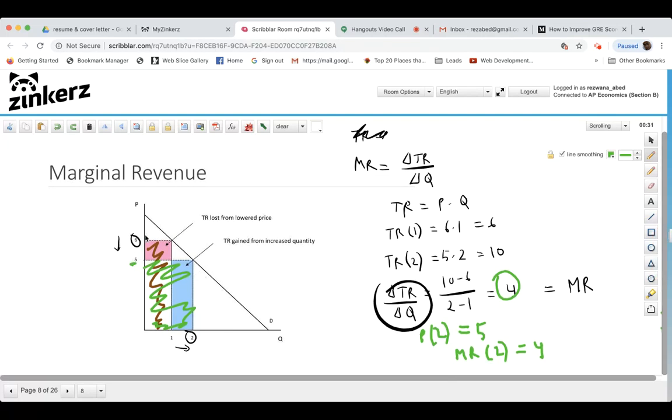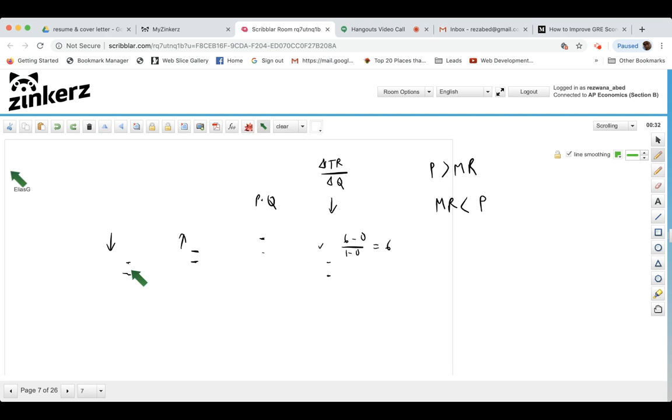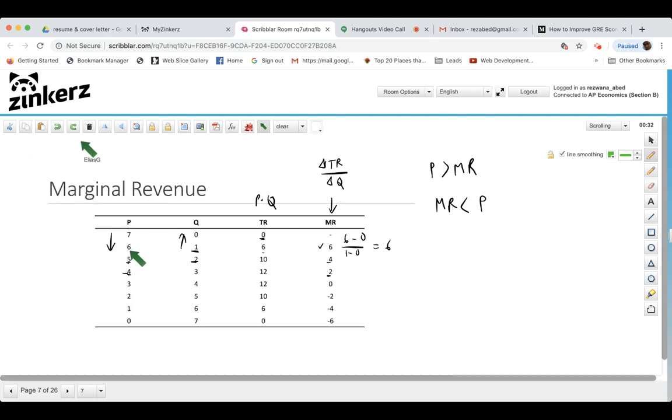Going from a price of 6 to a price of 5, your quantity went from 1 to 2, and your marginal revenue went from 6 to 4.